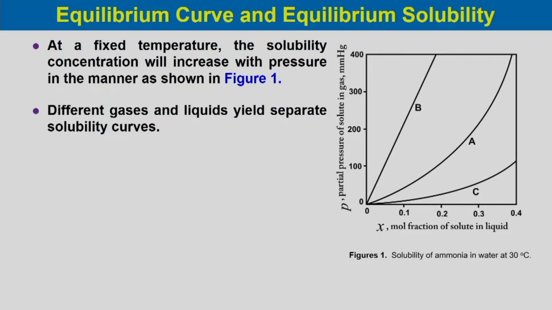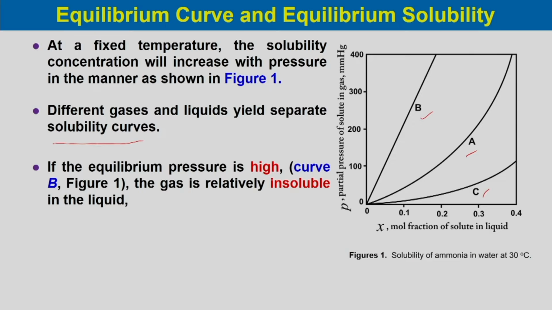So, different gases and liquids yield separate solubility curves. You can see A, B and C are three different gases, and at a particular temperature and different pressures, they show different solubility in a particular liquid.